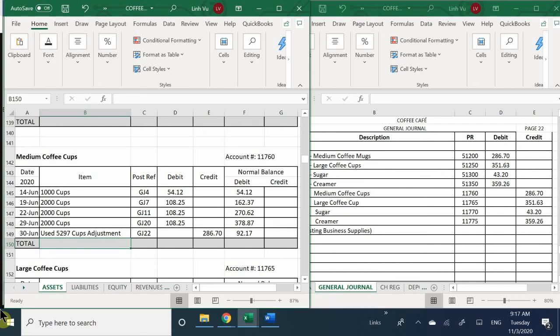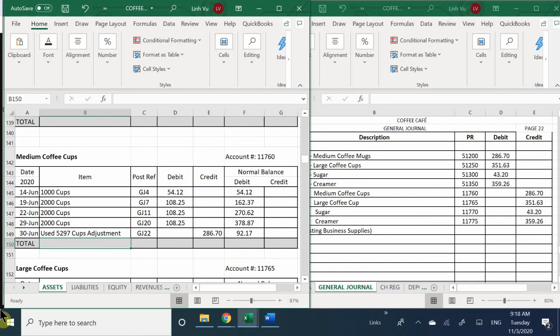But what's going to happen is the next month you're going to have a completely brand new spreadsheet. And what you're going to do is transfer all of your assets, all of your liabilities, and all of your equity accounts over, because those are permanent accounts. They never close.